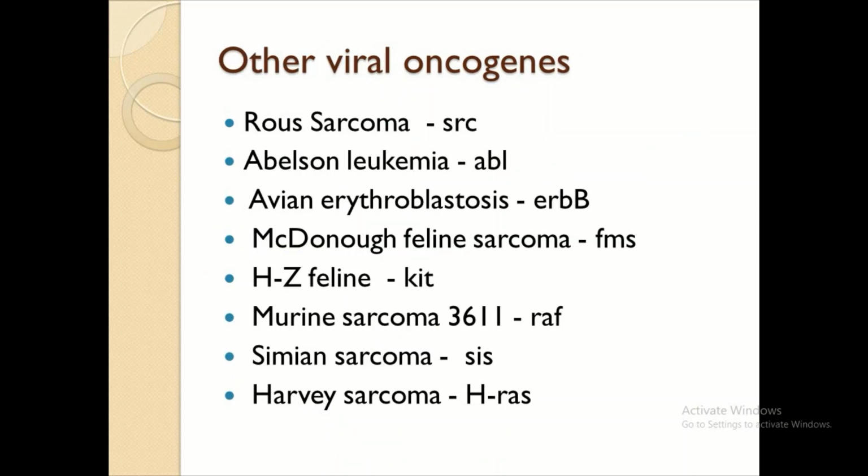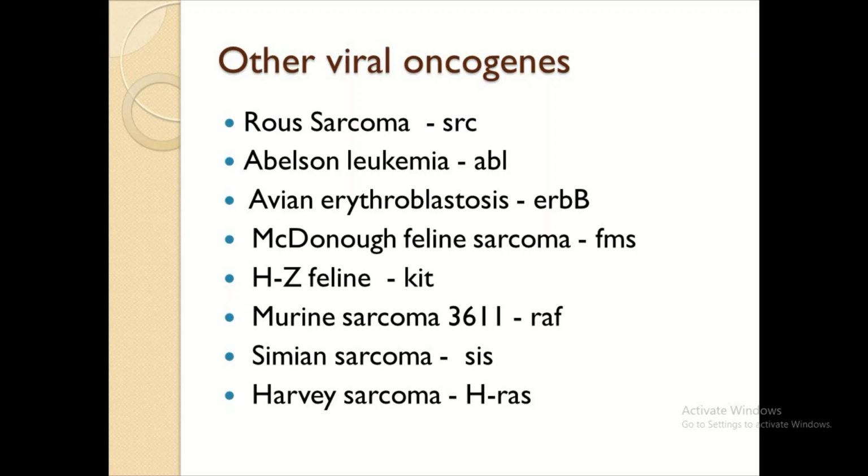Some of the other viral oncogenes are described in this slide. Rous sarcoma was named SRC. Abelson leukemia is abbreviated as ABL. Avian erythroblastosis, ERBB. McDonough feline sarcoma, abbreviated as FMS. Hardy-Zuckerman feline sarcoma, abbreviated as KIT.